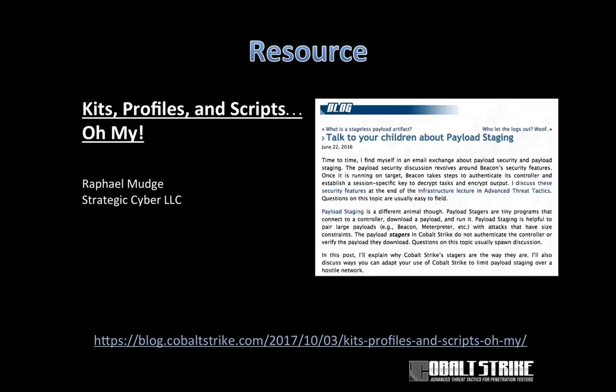The executables and DLLs are in your control through the artifact kit. And the Visual Basic for Applications macro, the PowerShell templates, and the Python template are all in your control through the resource kit. So if you have a better way to do any of those actions and do them in a more OPSEC safe way, you can bring that into Cobalt Strike pretty easily.